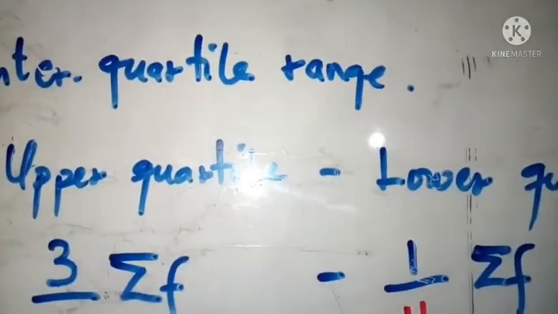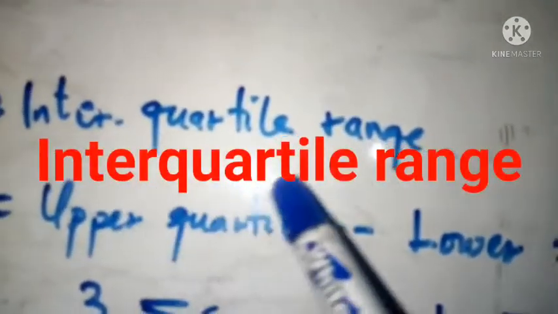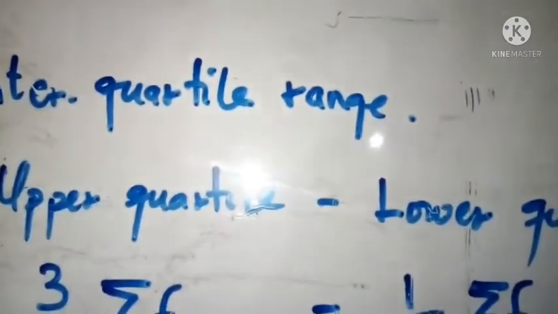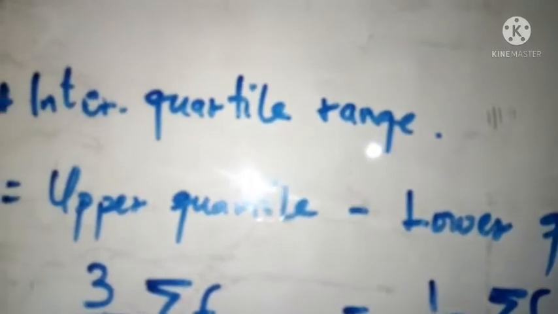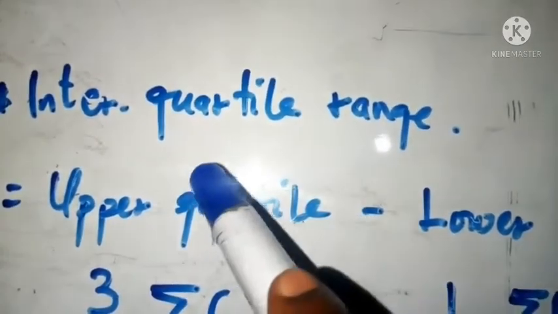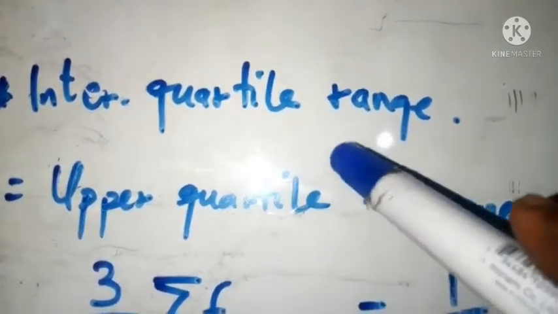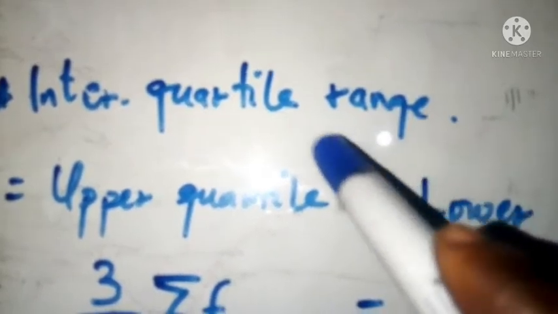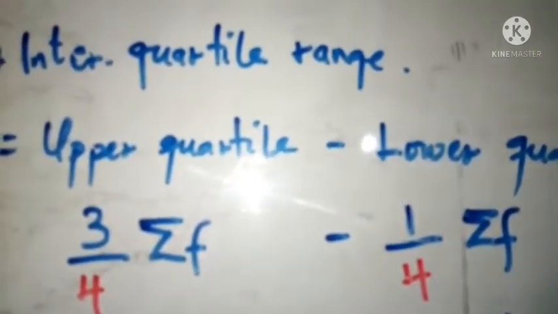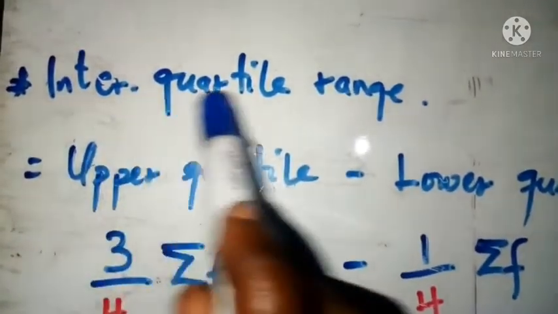The next question says that you should use your graph to determine the interquartile range of the marks, or the distribution, right? So how do you get the interquartile range? You have to make sure that you pay attention to exactly what an interquartile range is.